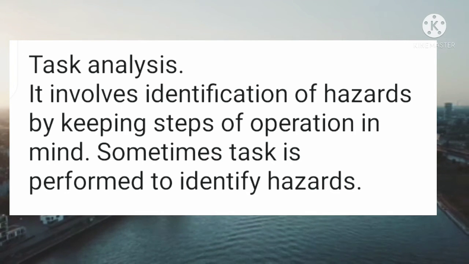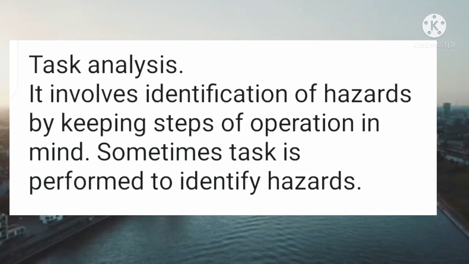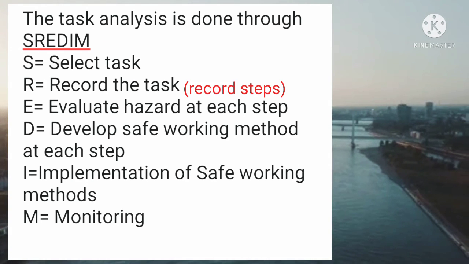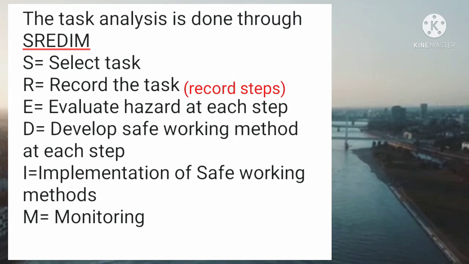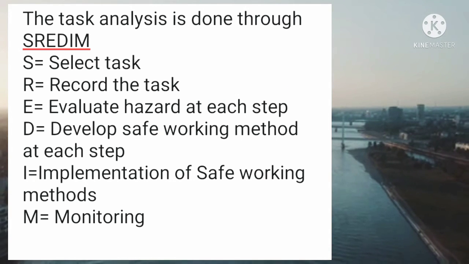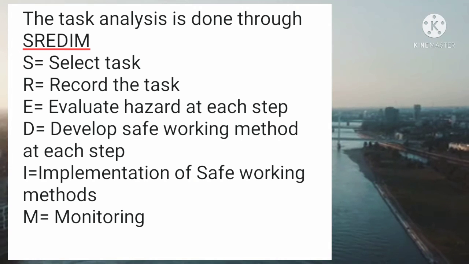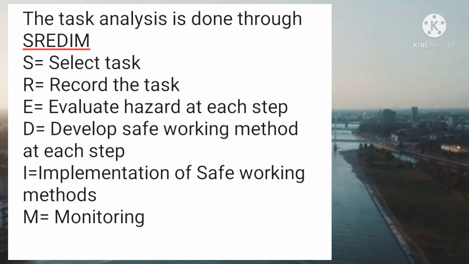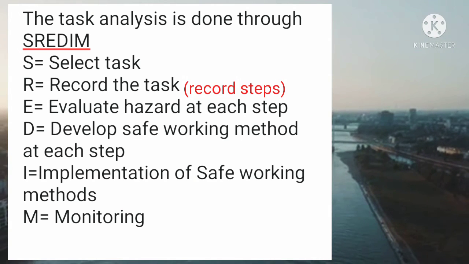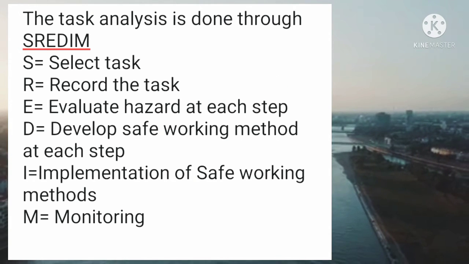Sometimes the task is performed to identify hazards. The task analysis is done through SREDIM. S equals select task. R equals record the task. E equals evaluate hazard at each step. D equals develop safe working method at each step.